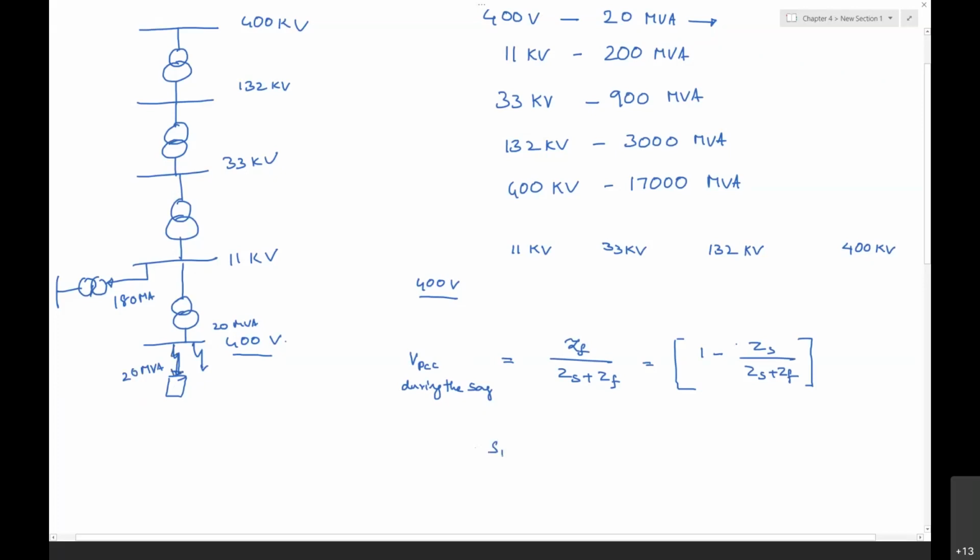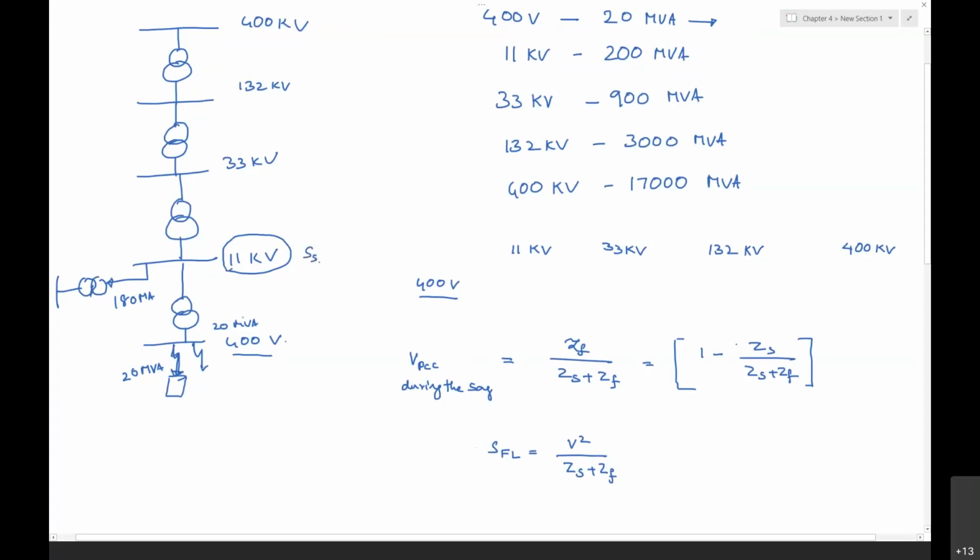The fault level MVA is equal to V square by ZS plus ZF. We have a source impedance as well as a fault impedance. Again, the 11 kV line we will consider as the source MVA.